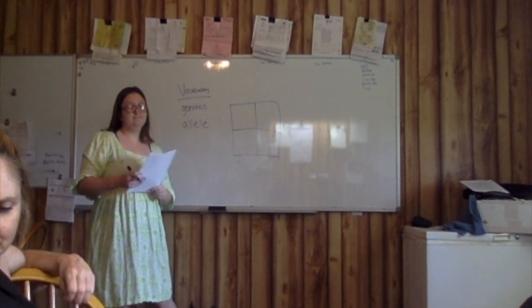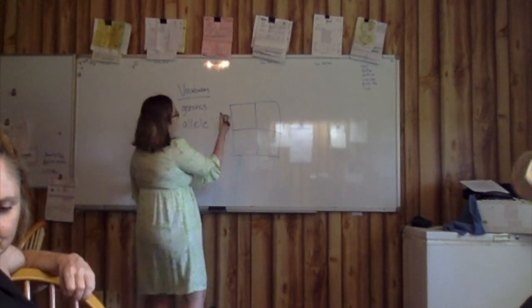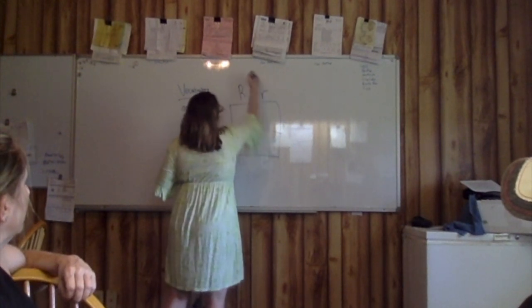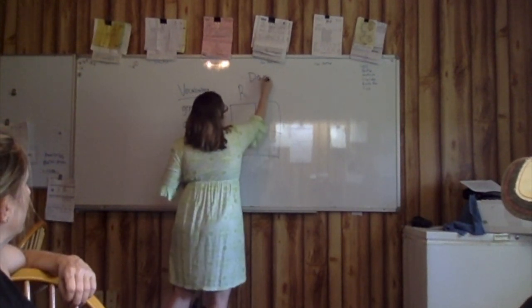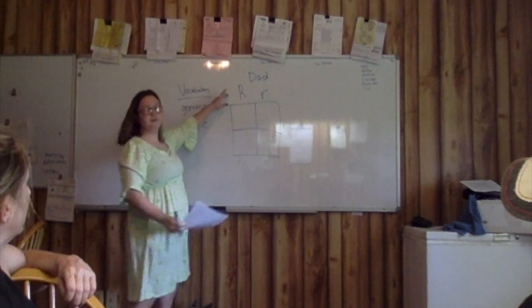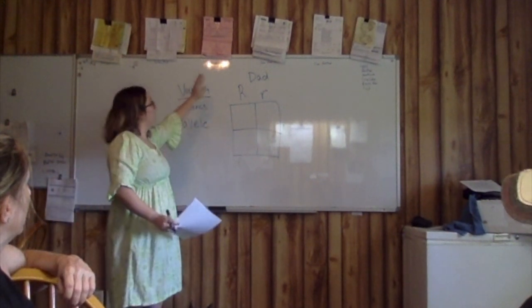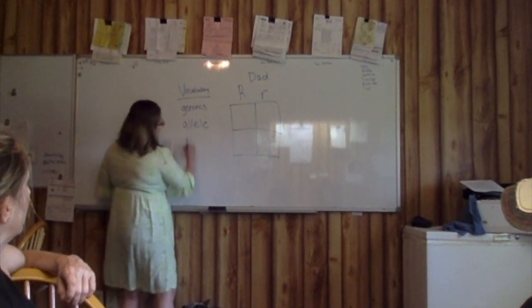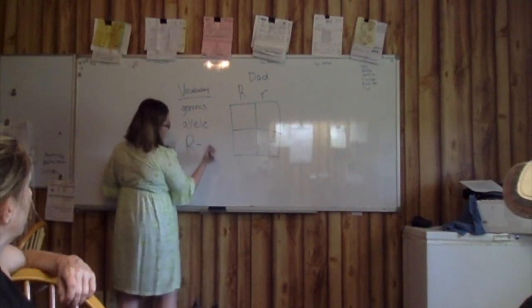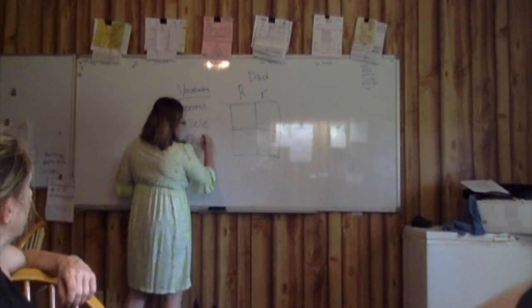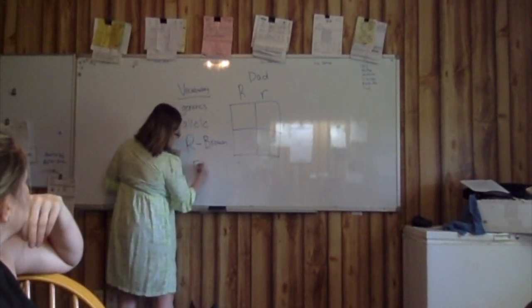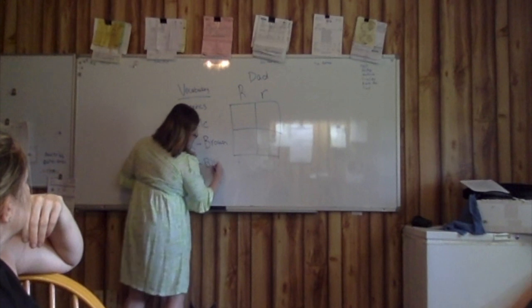Okay, so let's say this is Dad, and he's big R, little r. That means Dad has heterozygous alleles. This is his genotype. Let's say big R is brown eyes, and little r is blue eyes.